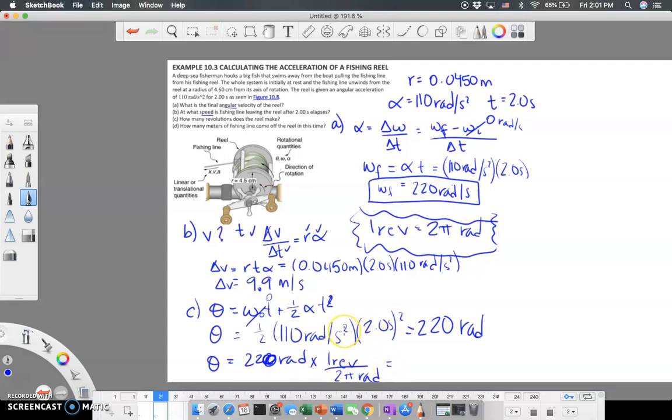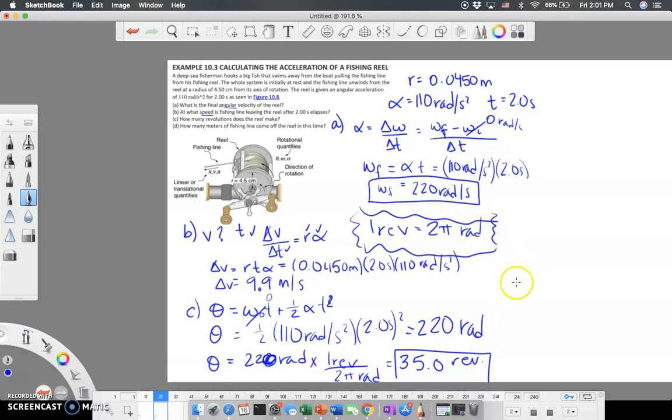So go ahead and divide that, and you get 35.0 revolutions. So over this time, this has gone through 35 revolutions.